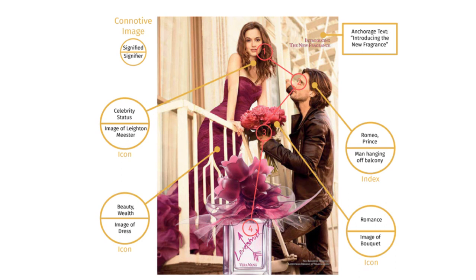Leighton Meester is signified as a celebrity, and the dress she's wearing is a signifier, and what it represents, the signified, is basically beauty and wealth. And the Romeo Prince concept is the index. Basically, the index is what I said before, it's basically what you see.